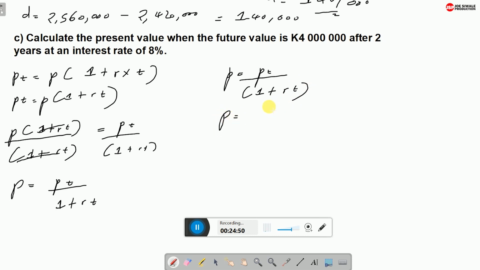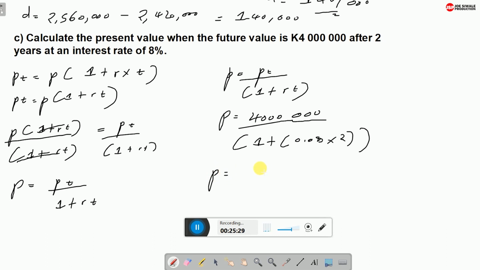Our present value is equal to our future value, which is 4 million, divided by 1 plus our R, the rate of interest, which is 8%, and 8% is 0.08, multiplied by our T, which is 2 years.